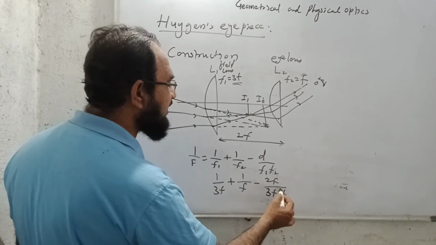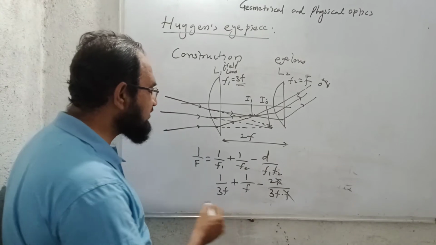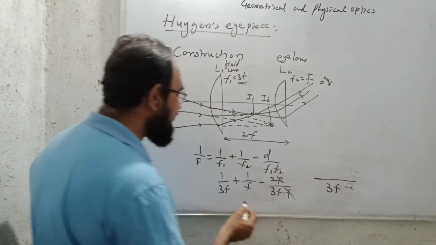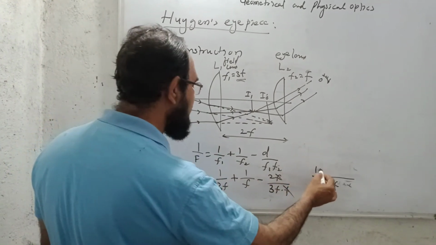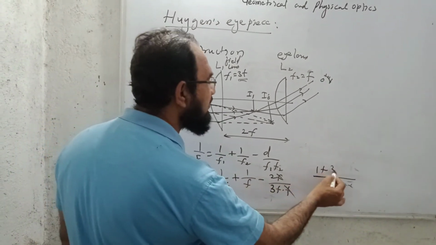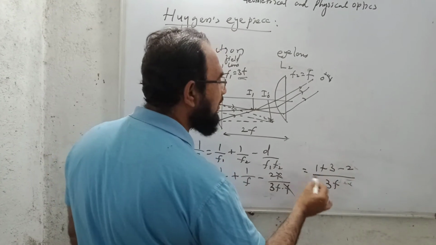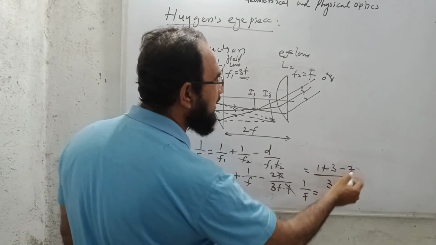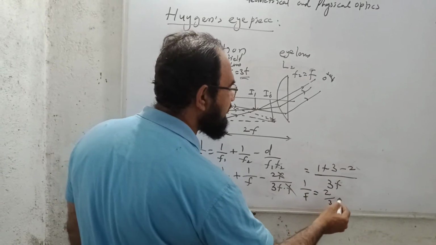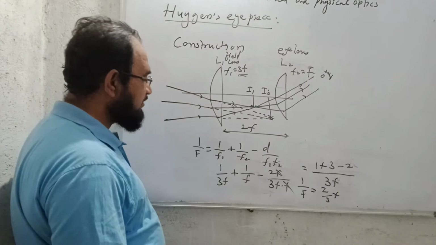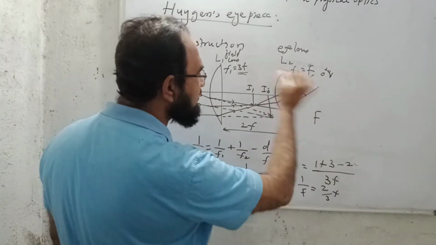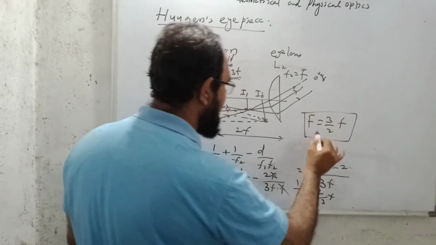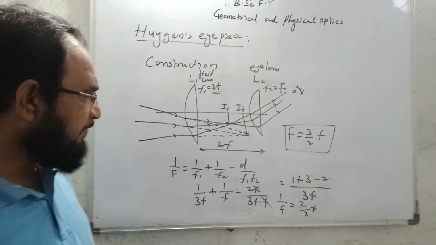Taking the LCM as 3f, we get 1 plus 3 minus 2, so 1 by f is equal to 4 minus 2, that is 2 by 3f. It means the equivalent focal length of this lens system is 3 by 2 f.